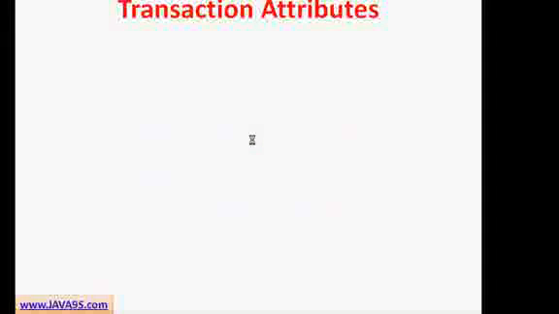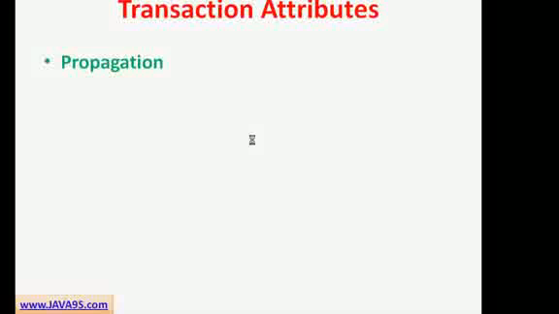Next, we are going to take a very detailed look at transactions, and there are 5 things we need to consider, 5 attributes we can give to tell about the behavior of a transaction, or how a transaction should behave when applied in the application.